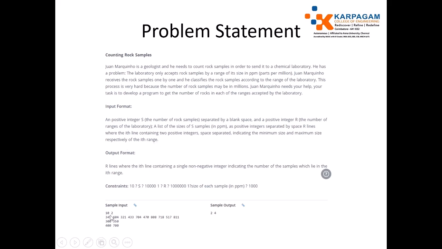That is, the input will be the size of the array, that is the number of samples, and the r value. The r value is the number of ranges that you wish to query. For example, if the r value is 2, they will query 2 inputs by specifying the starting range and ending range.